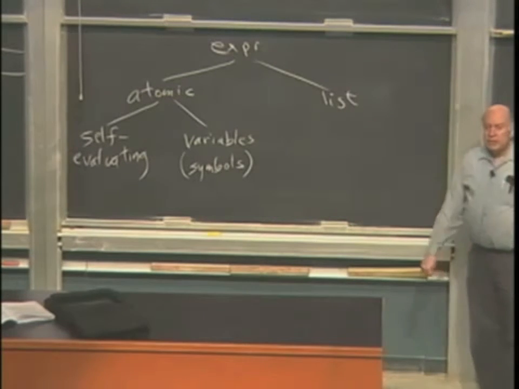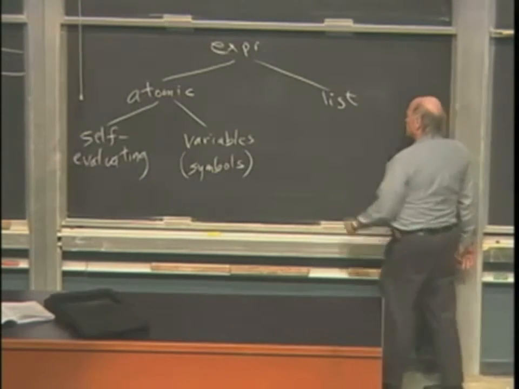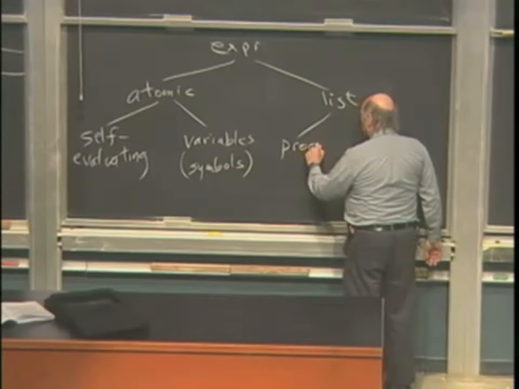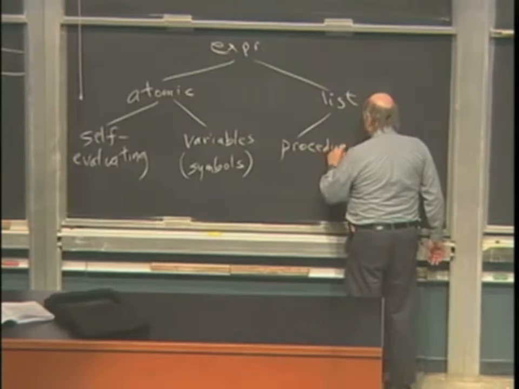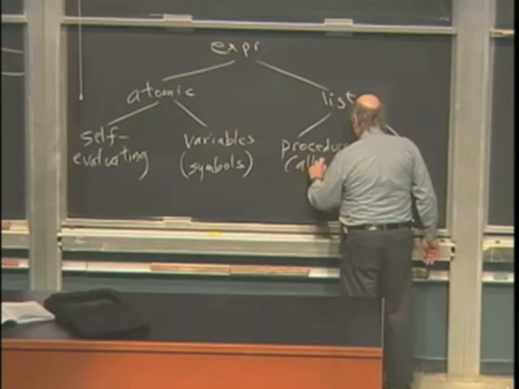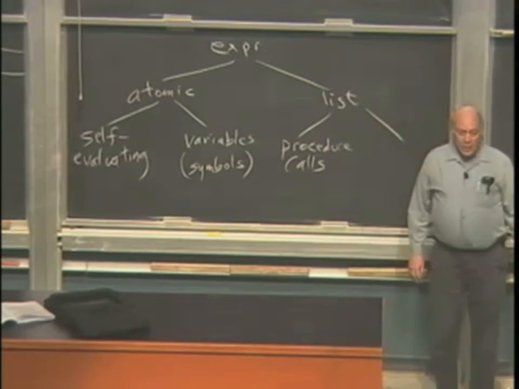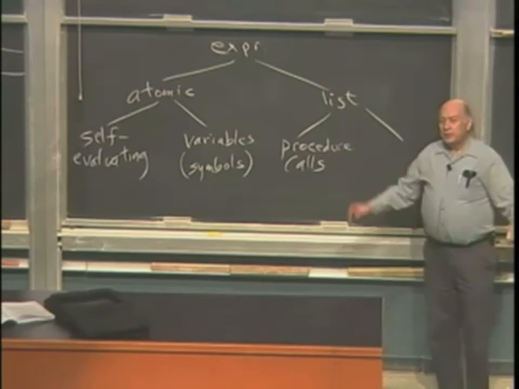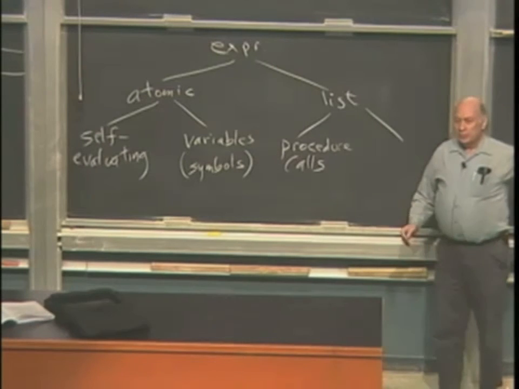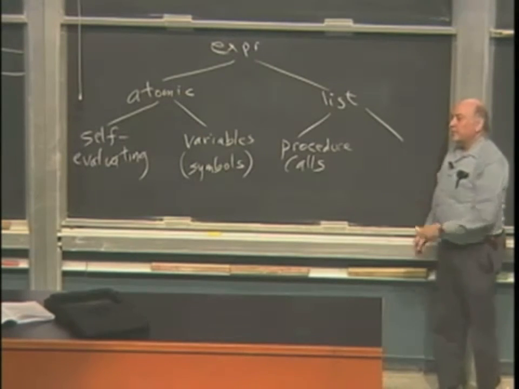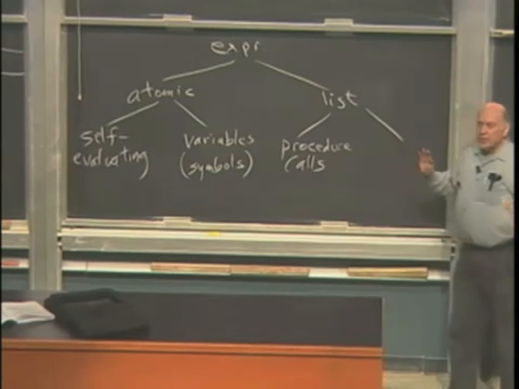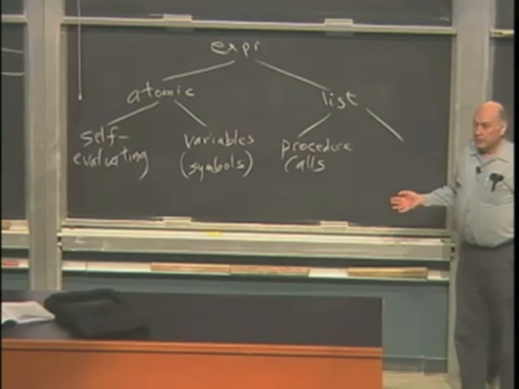And then there are lists. And those come in 2 kinds also. And they are the most usual kind. There's a procedure call, procedure invocation. Those mean the same thing. So usually when you see stuff in parentheses, it's procedure, argument, argument, argument, and we're calling that procedure with those arguments. And the other thing that's in parentheses is what?